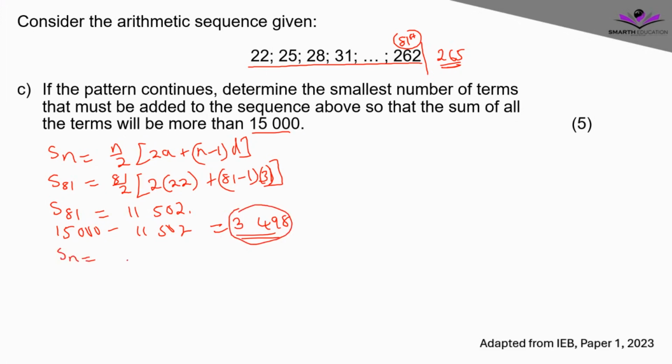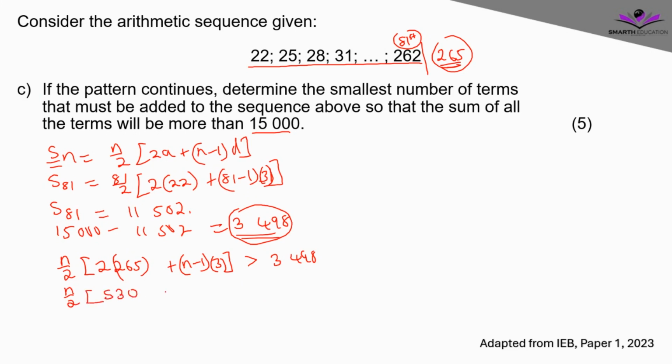Sn is equal to, we have the formula already, n over 2, and then 2 times our a, starting from this term, is 265, and then plus n minus 1, the difference is still 3, okay, should be greater than 3,498, okay, right, and then let's simplify this, n over 2, then 530 plus 3n minus 3, greater than 3,498.